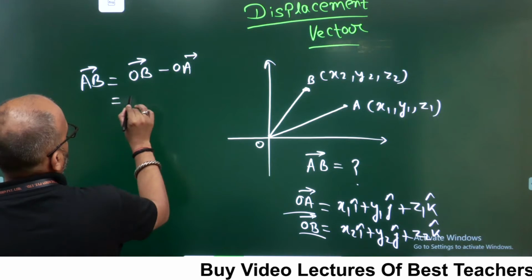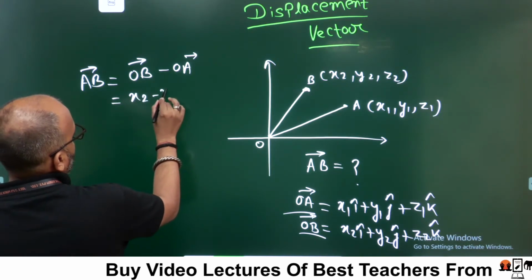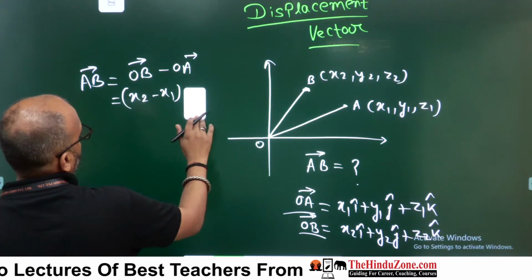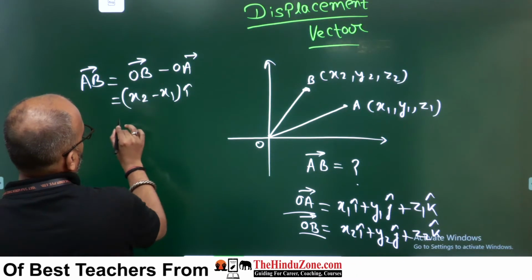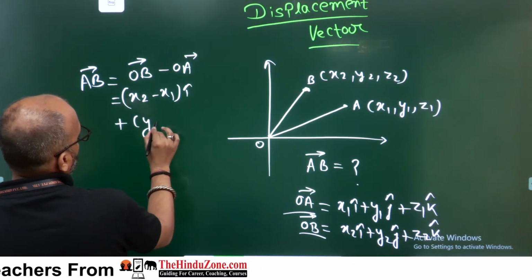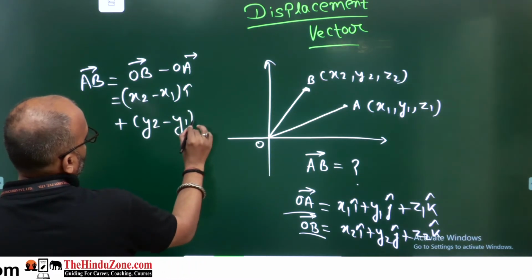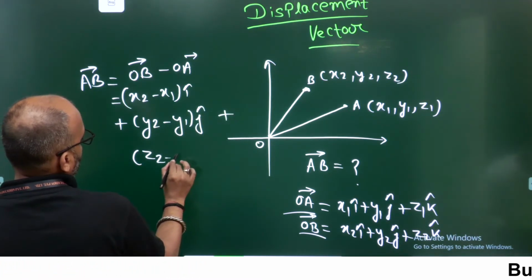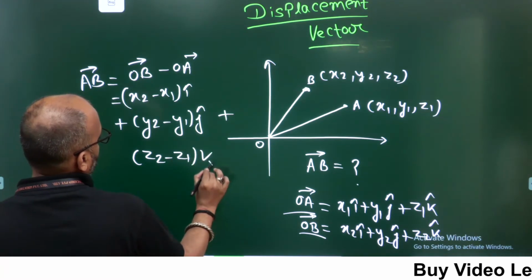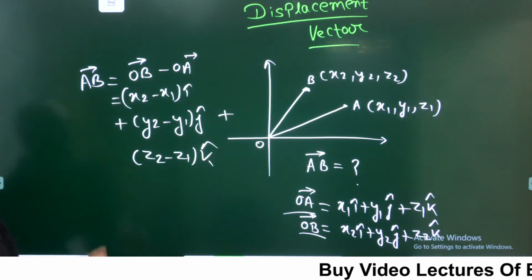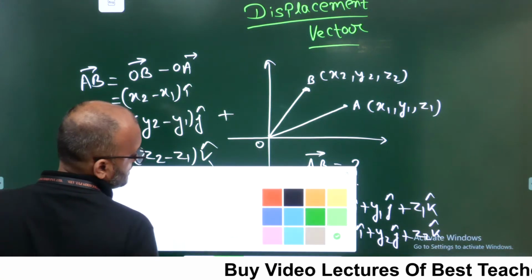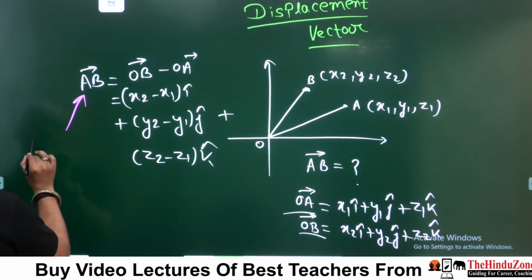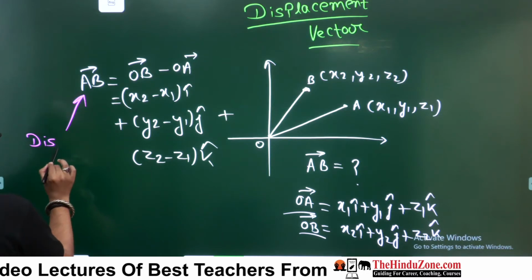So it will be x2 minus x1 i cap plus y2 minus y1 j cap plus z2 minus z1 k cap. Yes or no? This AB is known as displacement vector.